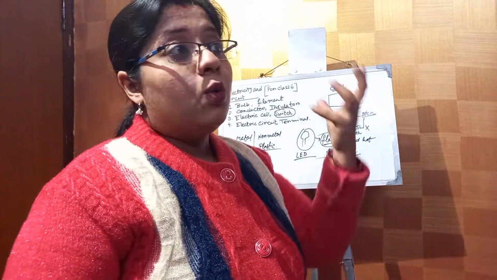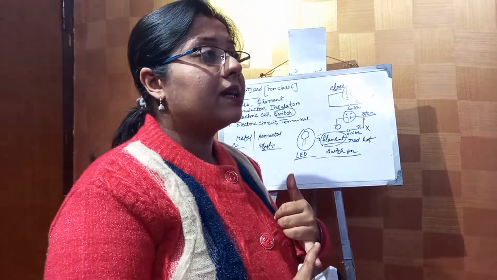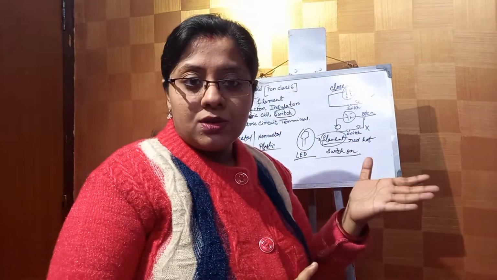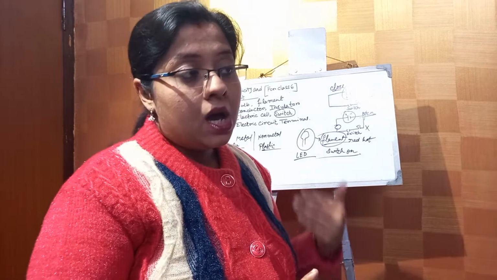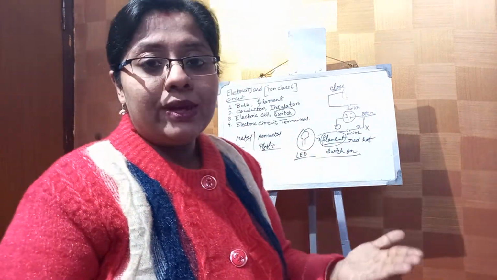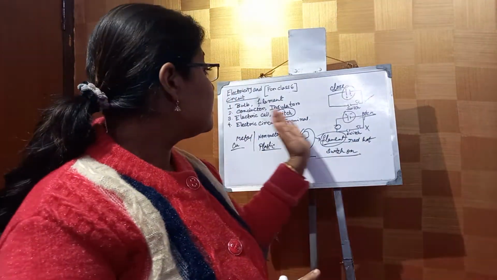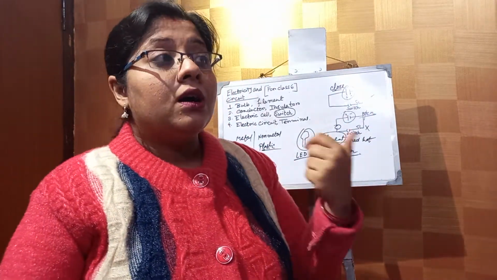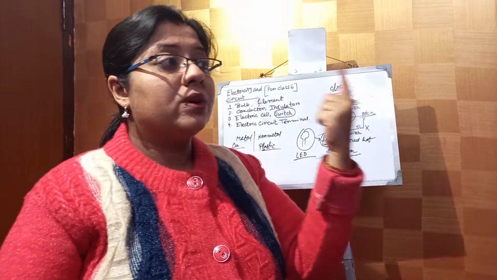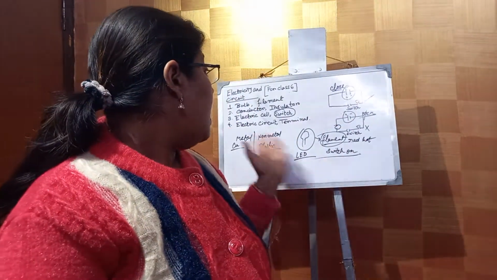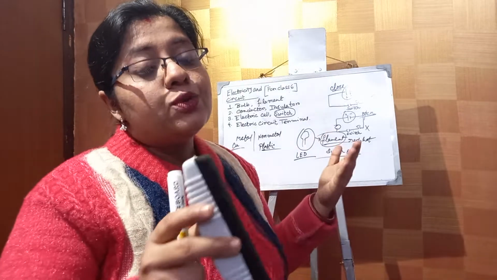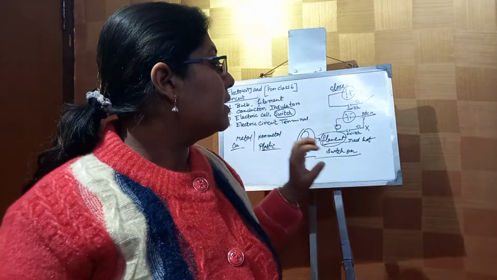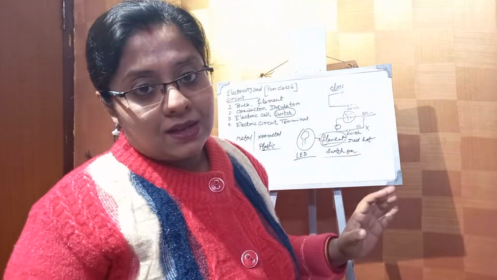After that, what a circuit is, open circuit, then closed circuit, then what a switch is, what the function of a switch is, and what benefit we can get from the switch. Next is conductor and insulator: which kind of material is a conductor and which one is an insulator. After that, we have to know how to make the diagram of a closed circuit and an open circuit.